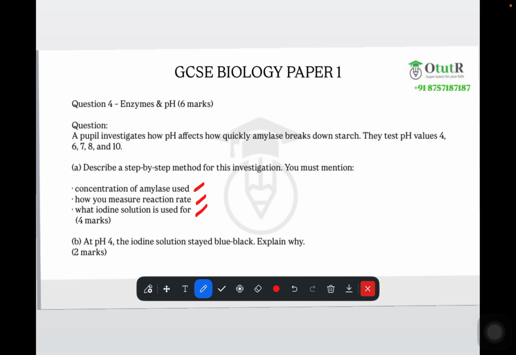First, part A is of 4 marks, and we have to describe the step-by-step method. Also, we must mention the things given over here in our answer. So we'll add the same concentration and volume of amylase to a test tube.